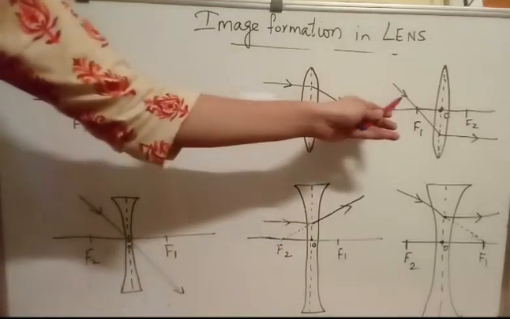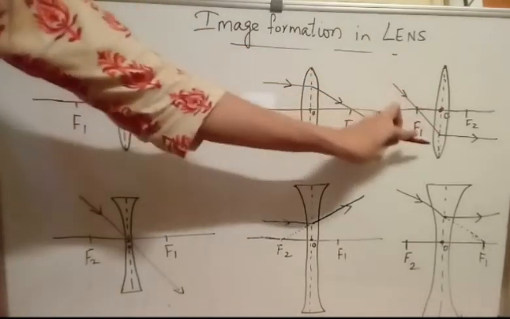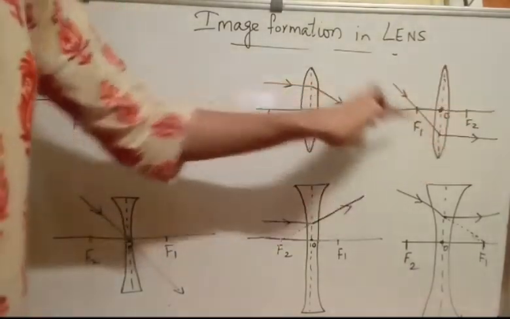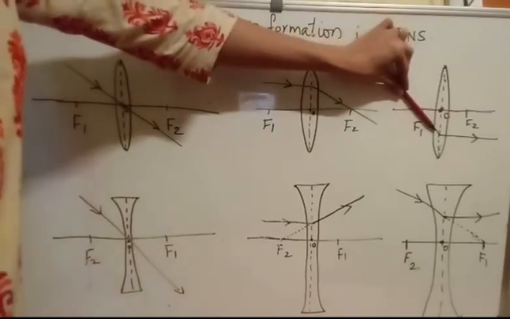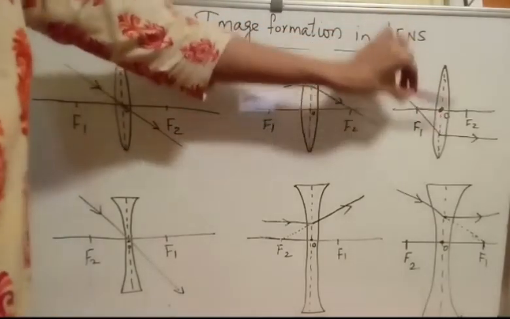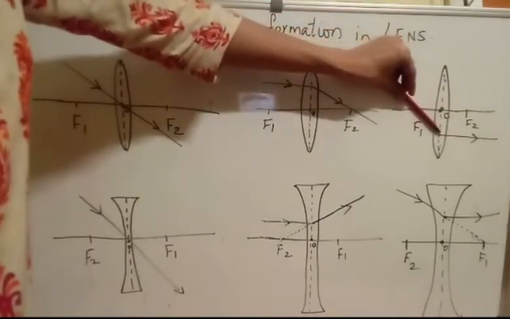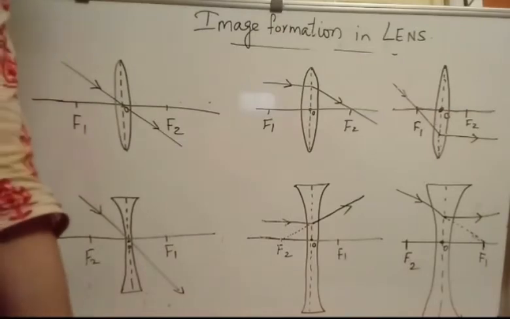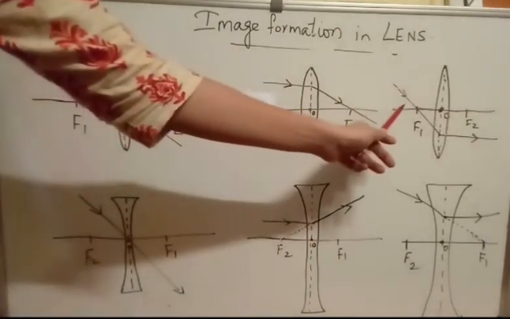Now the third ray which we can consider is the ray passing through the focus or focal point. After drawing the lens setup, the ray should pass through the first focal point. It should strike the reference line and will be refracted. Since the ray is passing through the focal point, after refraction it will go parallel to the principal axis. That is the case of convex lens.